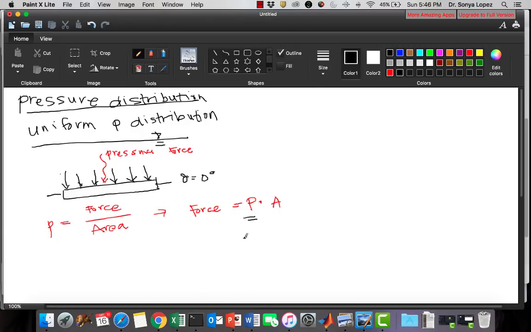That pressure is equal to gamma dz, or since this is at one point, it would be gamma h, the depth of the water, okay? So this equation is rewritten then to become force is equal to gamma h A. Okay, wonderful.